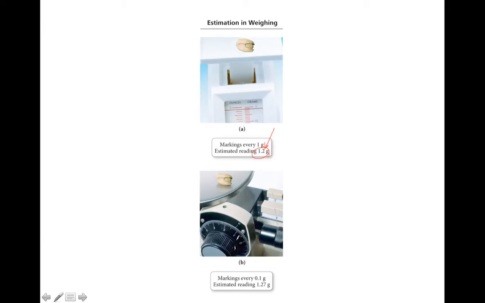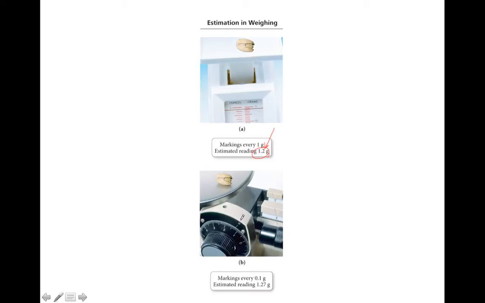Well, let's look down here. Here these markings are measured every 0.1 grams, which you really can't tell because we're not looking at the rest of the apparatus here, but suppose it's every 0.1 grams. Can you see that this line right here goes between the 1.2 and the 1.3 hash? It's between the 1.2 and the 1.3 hash.